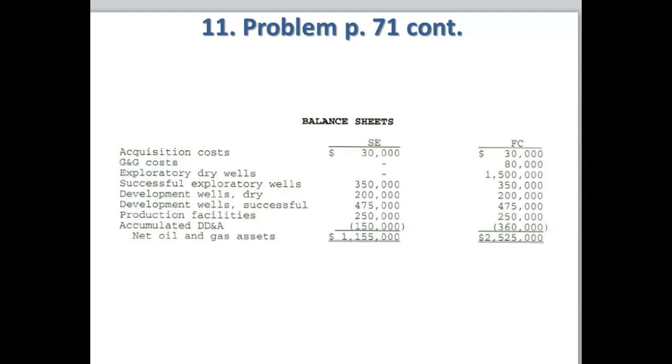So we end up with a higher asset base under full cost, and of course this is going to lead to higher DD&A expense in the future. So this concludes Chapter 2.